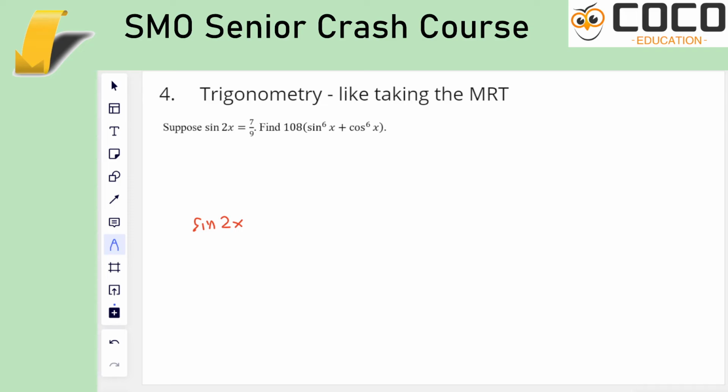Now, from sine 2x, one option is to use the identity itself and get sine x cosine x. The other option is, remember that whenever you have sine of an angle, cosine and tangent are always just available to you.